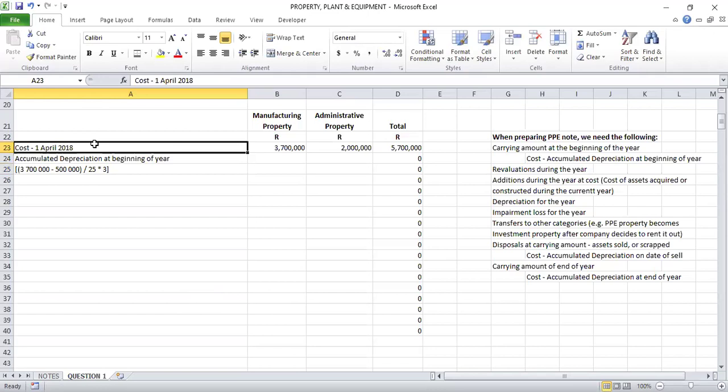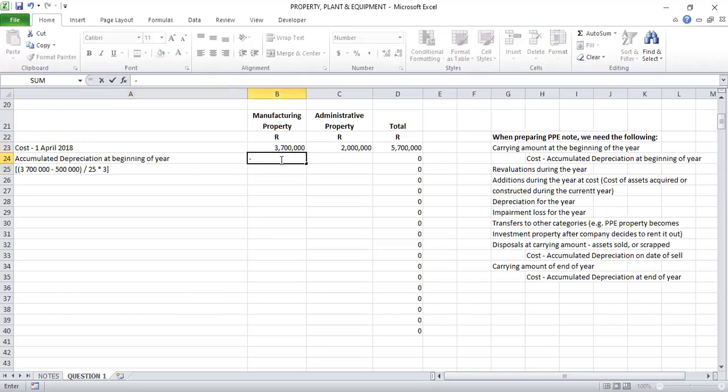That's the reason for multiplying by 3. So what do we get here? 384,000. Yes, 384,000.